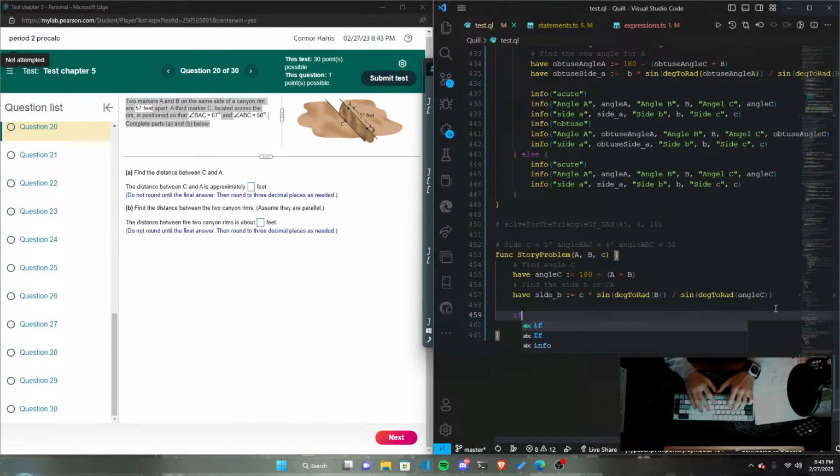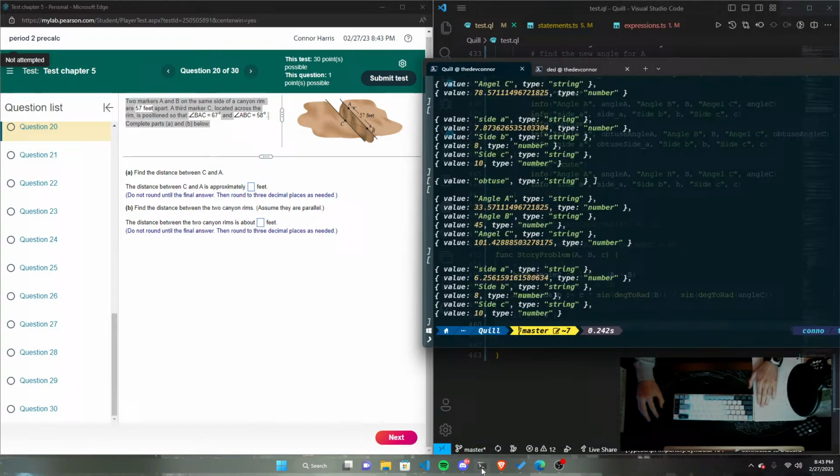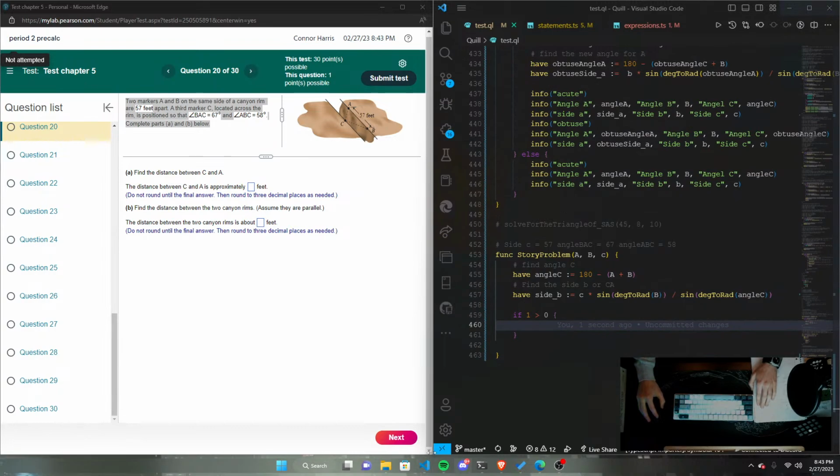So we can say, we're just going to make a random if statement, if 1 is greater than 0, right? I don't know what we'd use for this if statement here, just to check to see what we're doing for the math.